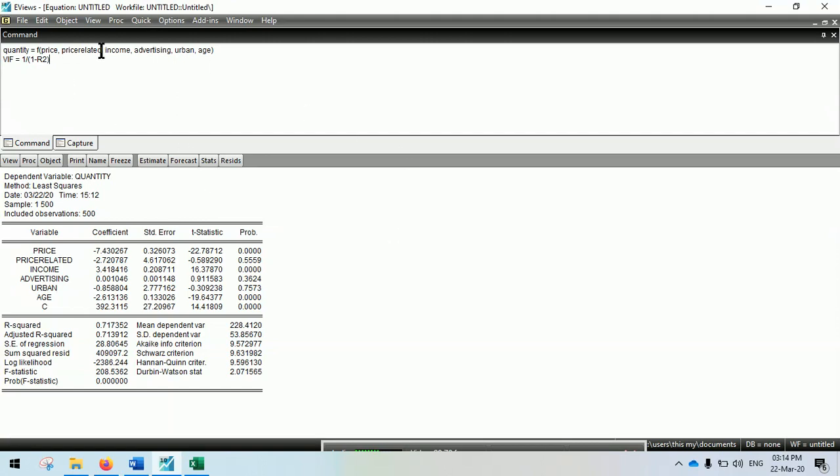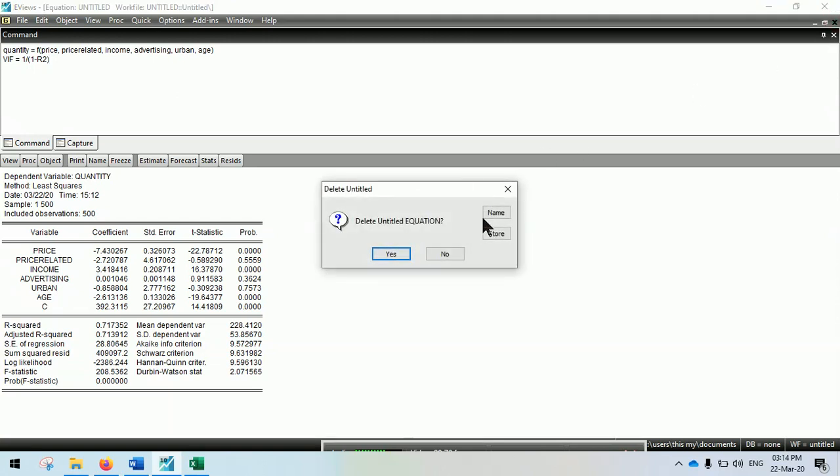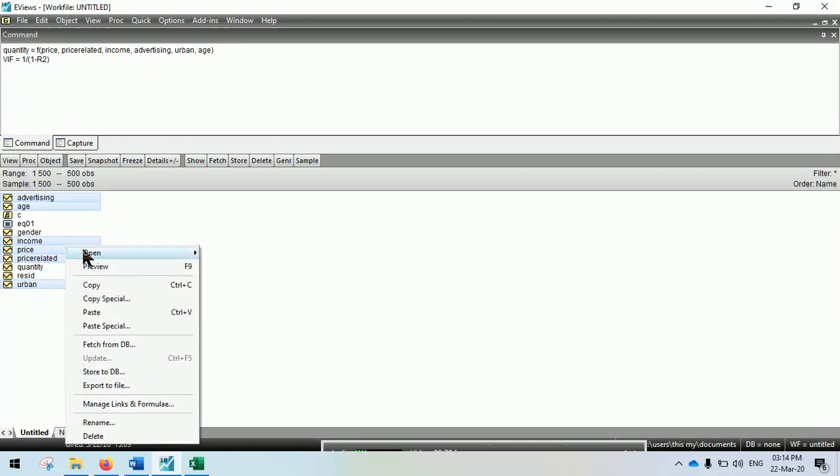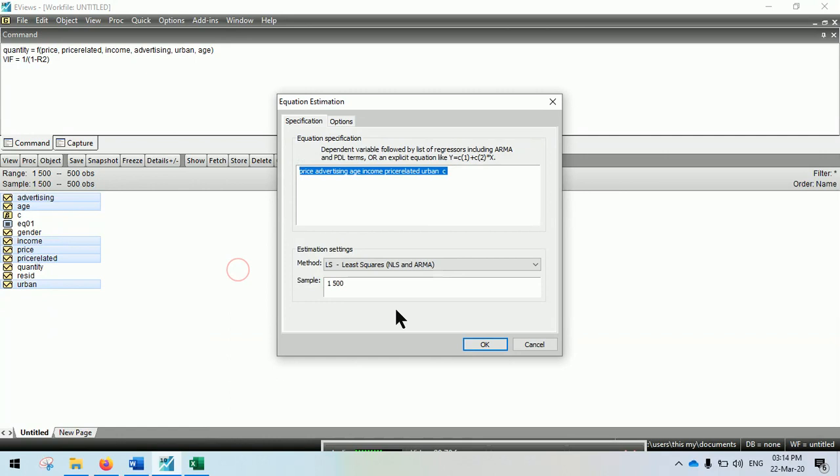As I say, I will close this, I put it as equation 1, and since I'm going to calculate for the first one, the price, I will click first on it as dependent variable, then I will click the others. For example, advertising, age, income, price related, and urban. Quantity I will not click on because it's the dependent variable. Right click, open as equation.